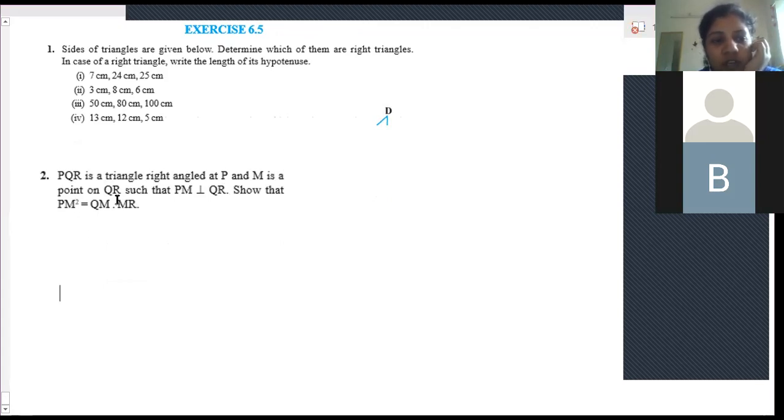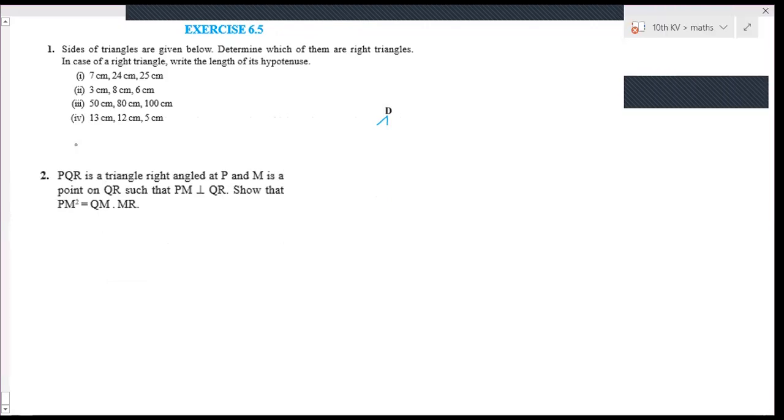Show that PM square is equal to QM into MR. This is P, this is Q. So for that, you have to show these two triangles are similar.